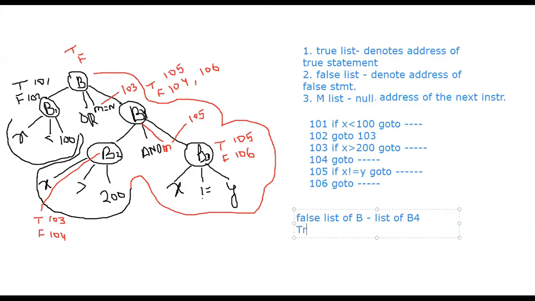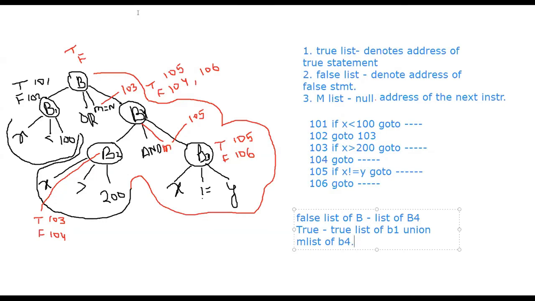And what will the true list contain? It will contain the true list of B1 union the true list of B4, that is, the M list of B4, right? So this will be the true list and false list.